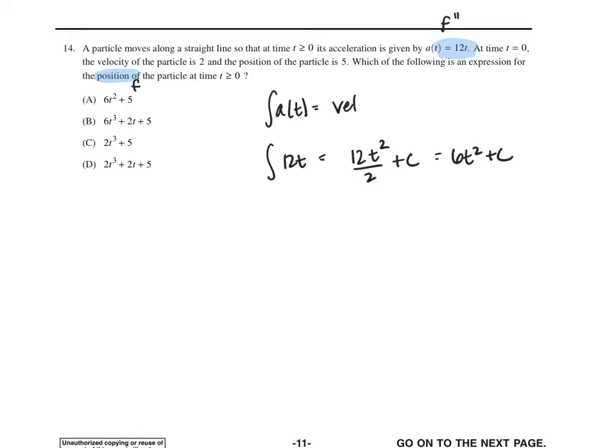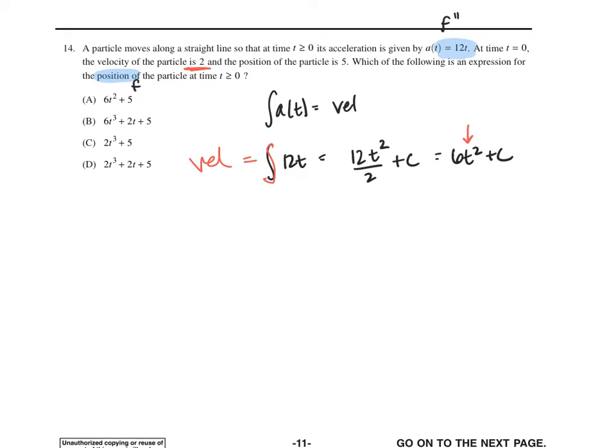But the piece of information that they tell us is at time t equals 0, the velocity is 2. So when t is 0, don't forget what we're solving for here is my velocity. My velocity is the integral of 12t, or the integral of acceleration. So when t is 0, the velocity has to be 2.